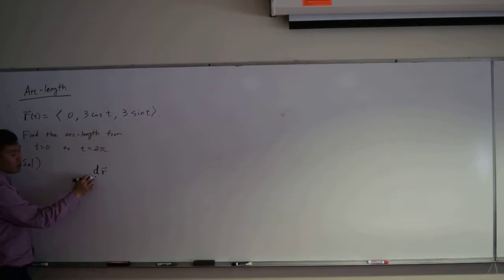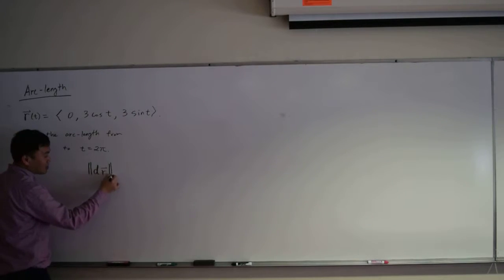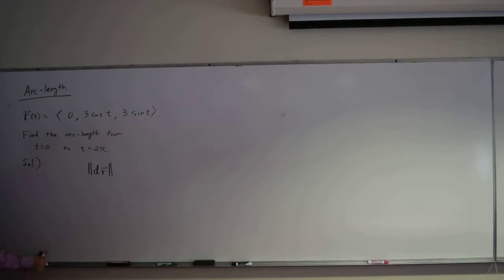Small d means it's a change in position. Now, if you take the small change in position and take the norm of it, it gives you the distance traveled. So here's a picture. If you have some curve, and I divide this into very, very small parts, each of these small ones is called dr, and it's a vector.